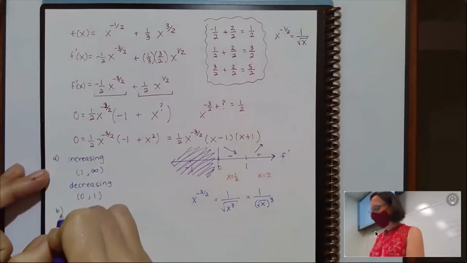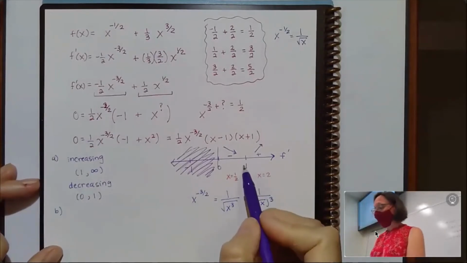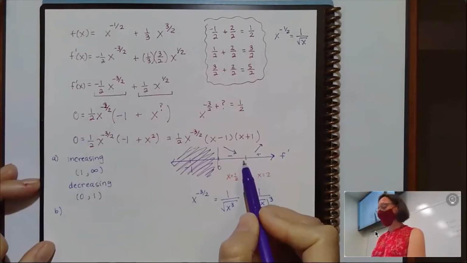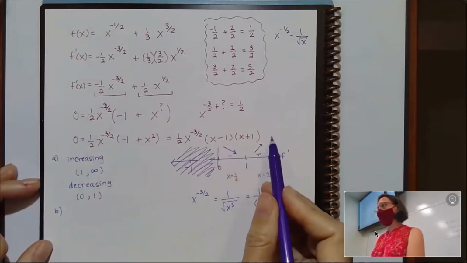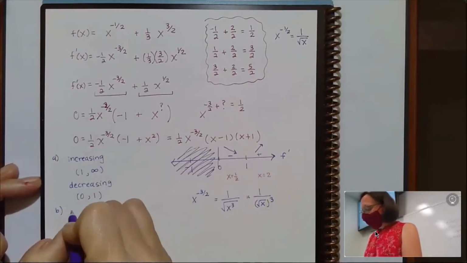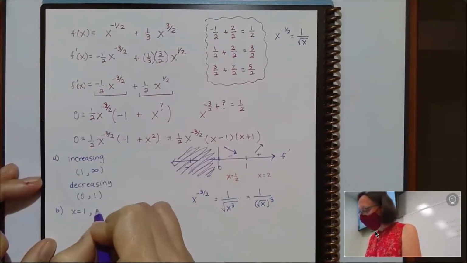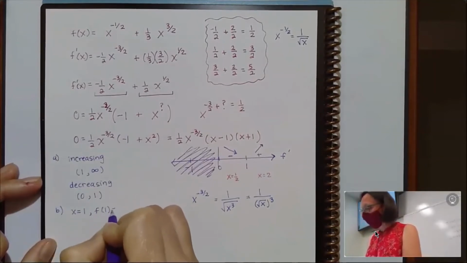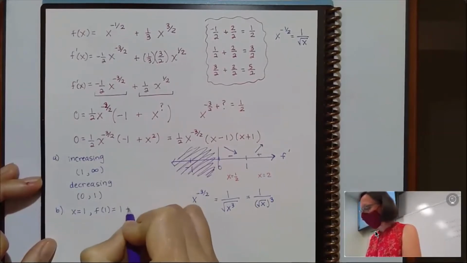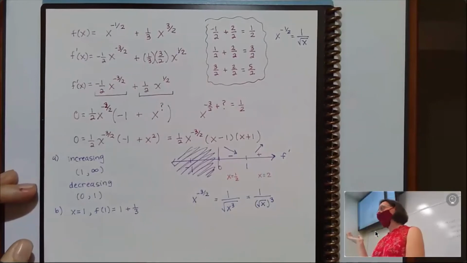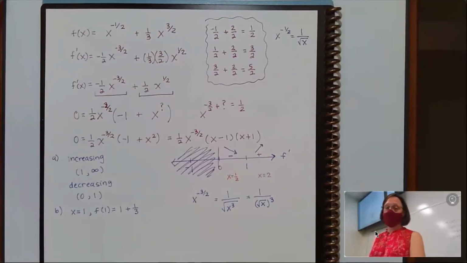But in terms of the relative max and relative min, I know that I've got a relative minimum happening when x is equal to 1 because I was going down and then I'm going back up. So when x is equal to 1, f of 1 would look like 1 plus 1/3. 1 raised to any number is equal to 1, so I don't have to do a lot of math there.